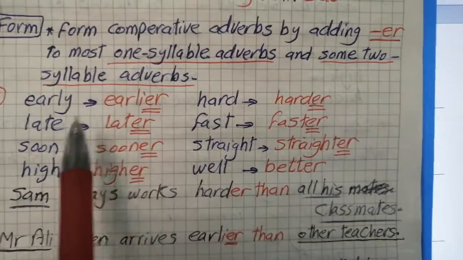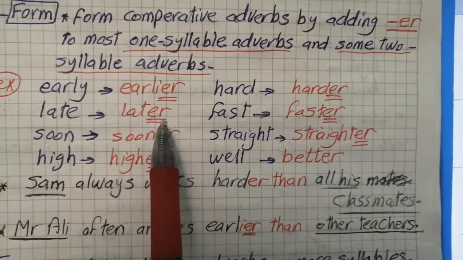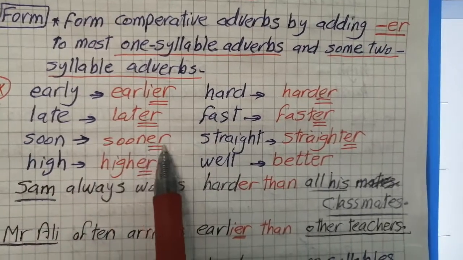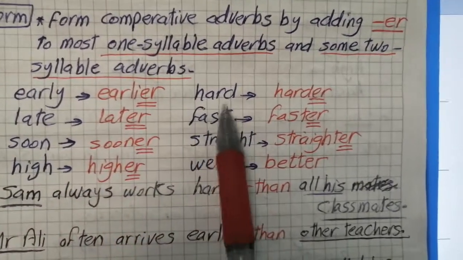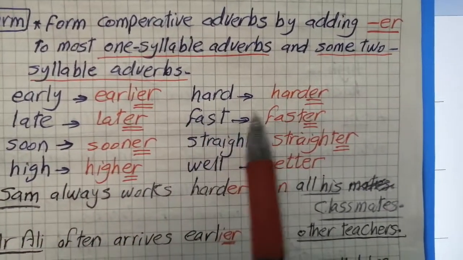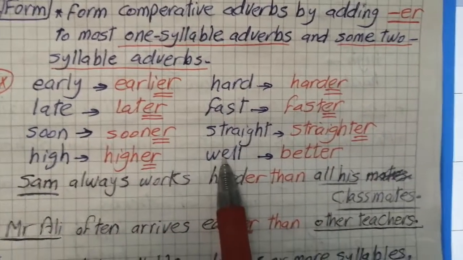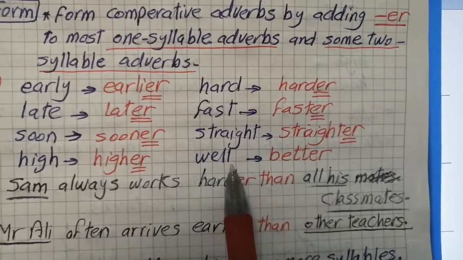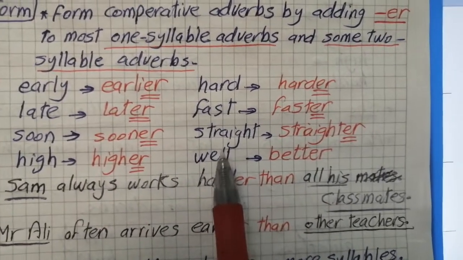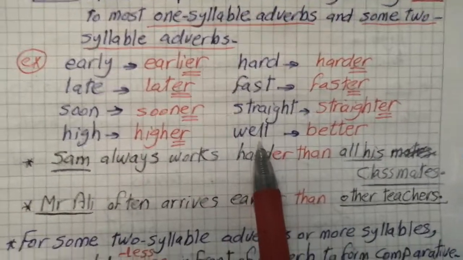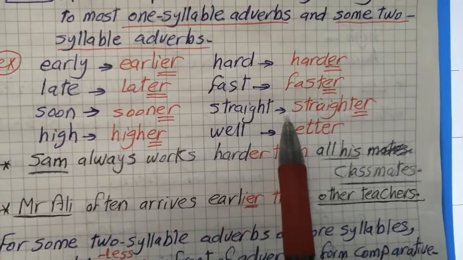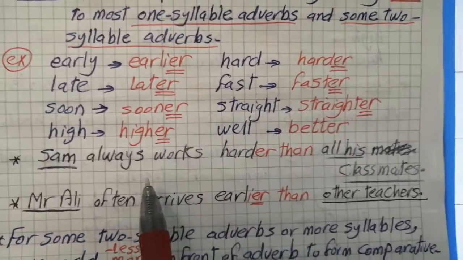Late, later. We drop E, then add ER. Soon, sooner, just ER. High, higher. Hard, harder. Fast, faster. Straight, straighter. But well is irregular. It's better. Don't say weller. It's wrong. Well is an irregular adverb, so it is better in the comparative form.